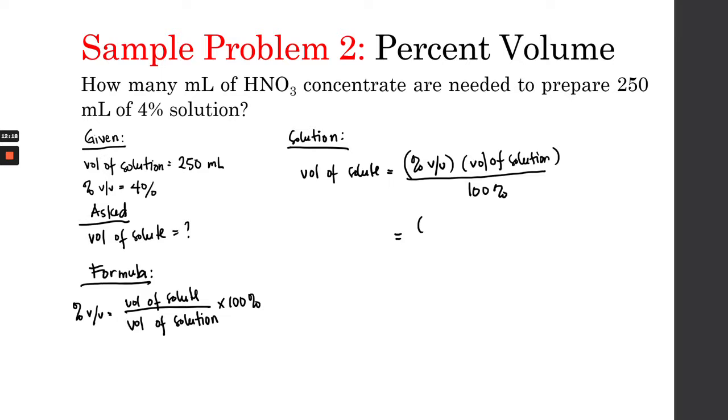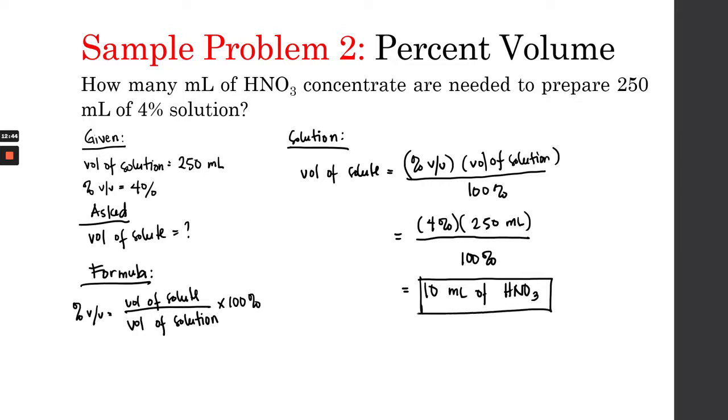The percent volume is 4%, multiplied by the volume of our solution, which is 250 ml, divided by 100%. That gives us 10 ml of HNO3. Okay, so that is our answer. And again, this is very similar to how you would do it in a real life setting.